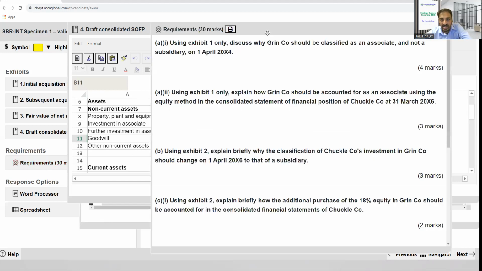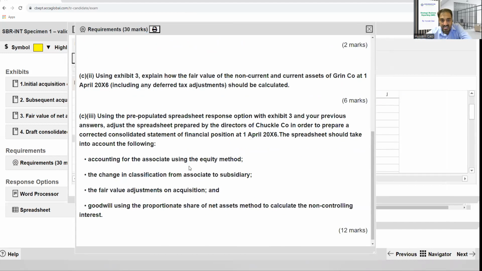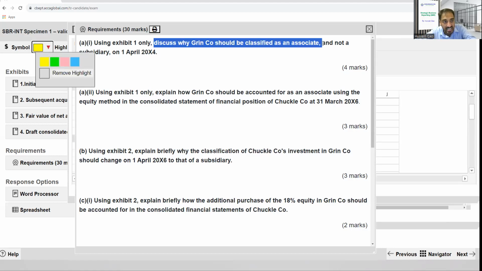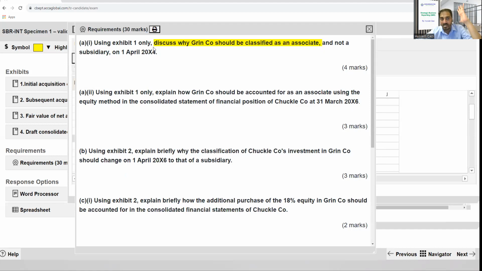Let's make more clarification with the requirement. This is a 30 marks question. By the way, whatever changes have been made to the structure only belong to question number 1, the group accounts question. For example, this A1 is about discussing why it should be classified as an associate, not subsidiary, and how to account for associate.